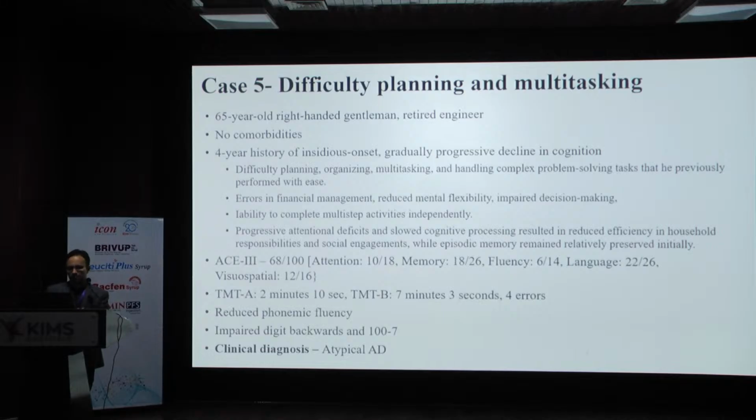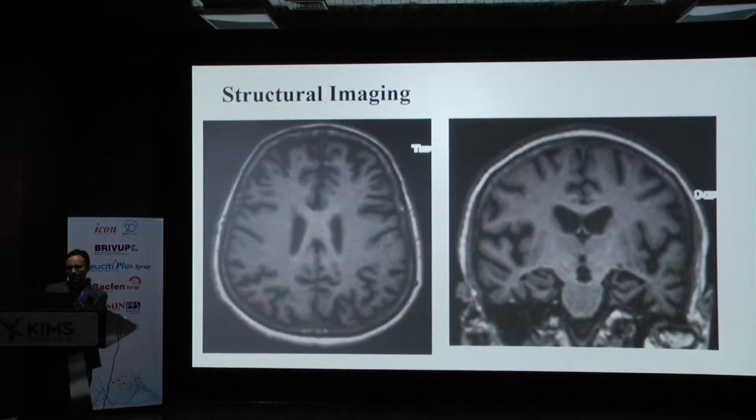Again, a patient came with atypical AD, a 65-year-old gentleman, who had difficulty planning and organizing. It looked like a dysexecutive variant, but we were not sure. And if you see the scan here, there's dorsolateral prefrontal cortex atrophy. Again, medial temporal lobes are also involved. You can see this part, and you can see the medial temporal lobes were also involved.